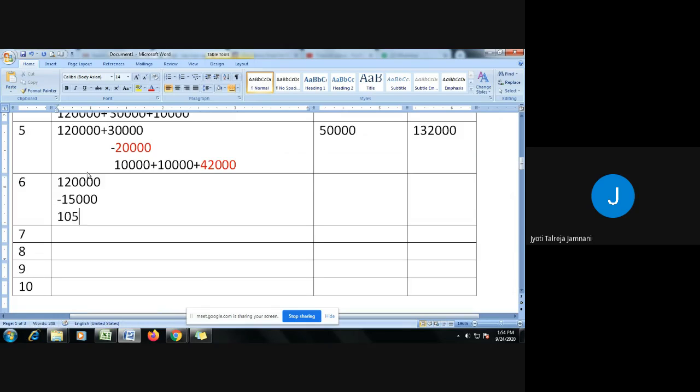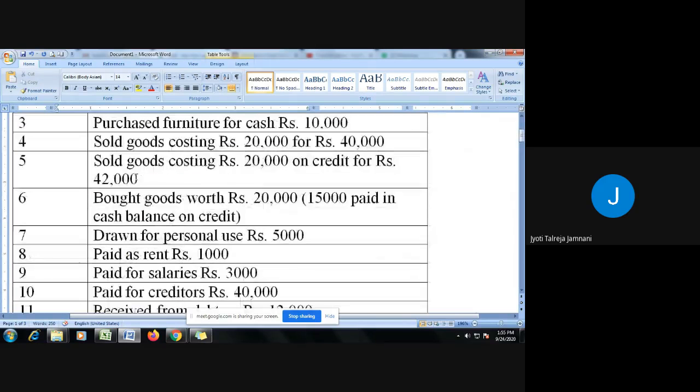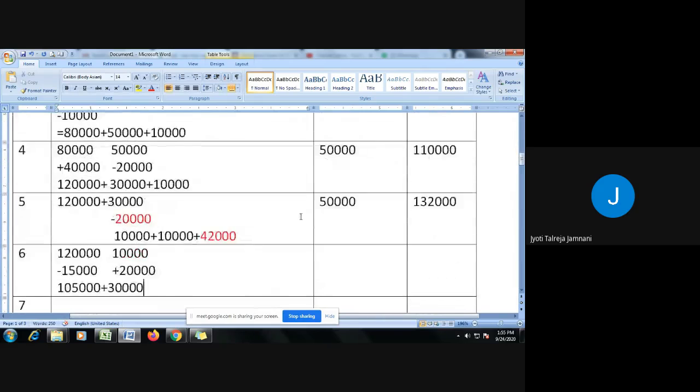So minus, so now the new cash will be 1,05,000. Now from the goods, how much goods did we have? We had goods of only 10,000 remaining because we sold two times. To that we have to add. We are purchasing goods of 20,000. So 20,000 goods get added to make 30,000 rupees. So if you look here, we have said bought goods worth rupees 20,000.